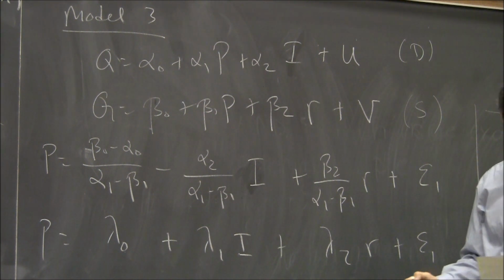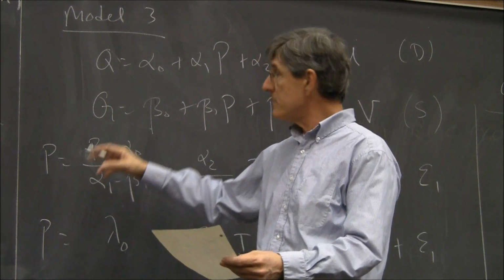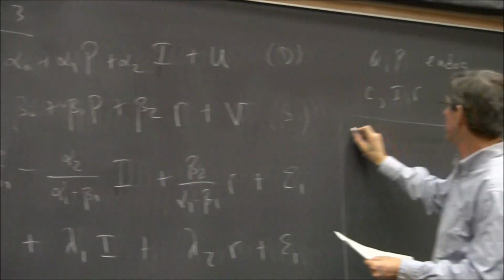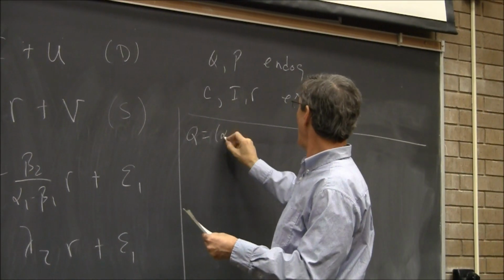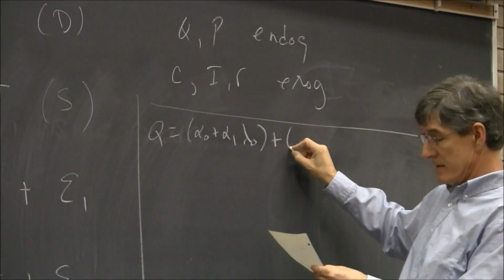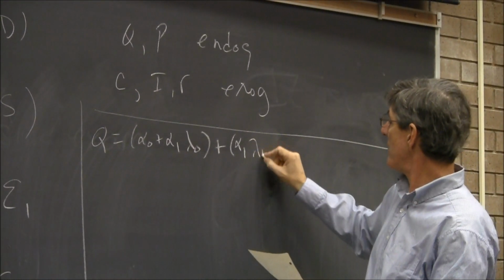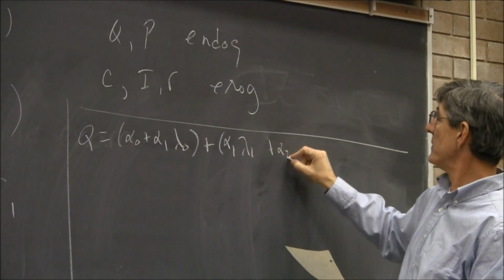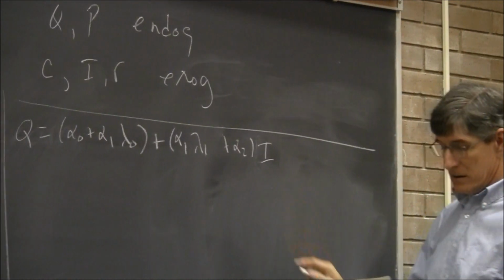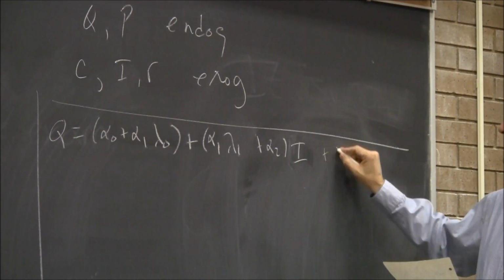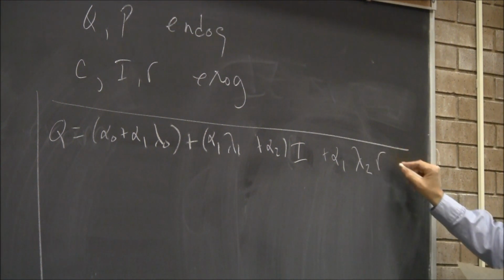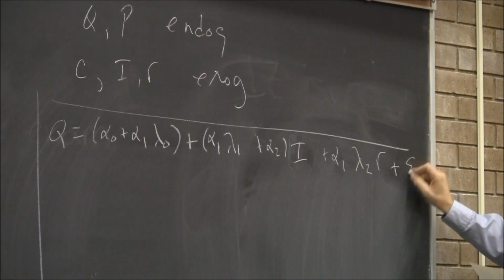Now, to get the other solution, you just plug this into, say, this equation, and you'll get that Q equals alpha 0 plus alpha 1 lambda 0 plus alpha 1 lambda 1 plus alpha 2 times I plus alpha 1 lambda 2 R plus E2.